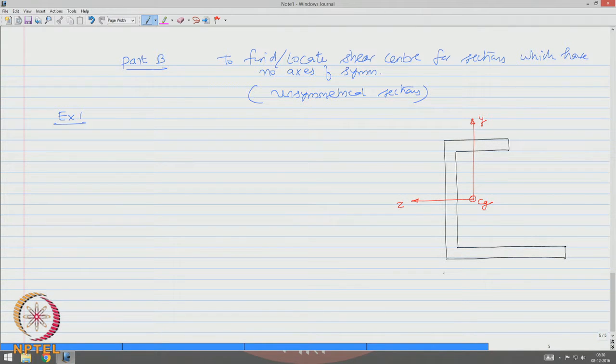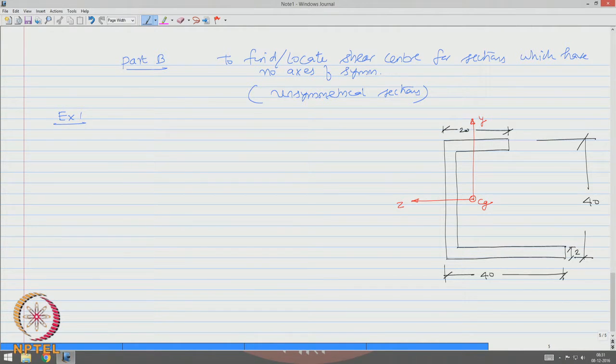Okay, let us mark the dimensions of the section. Let us say this is 40. This dimension overall is also 40, and this dimension is 20. The section has uniform thickness of 2 millimeters through and through.